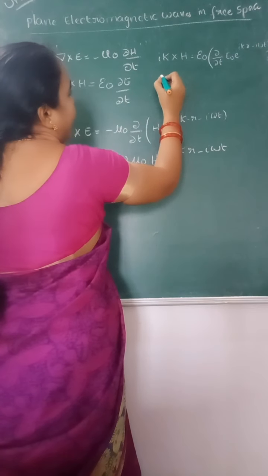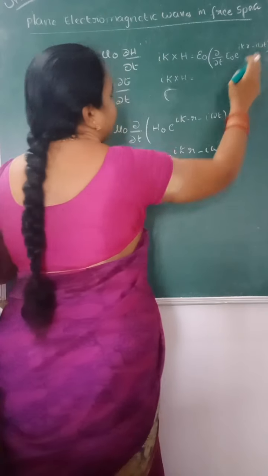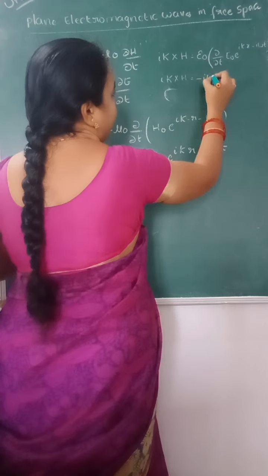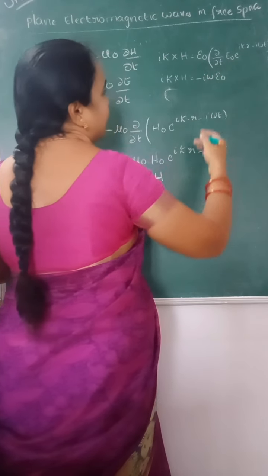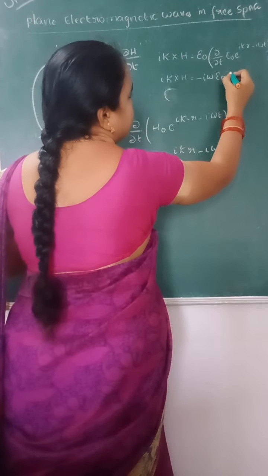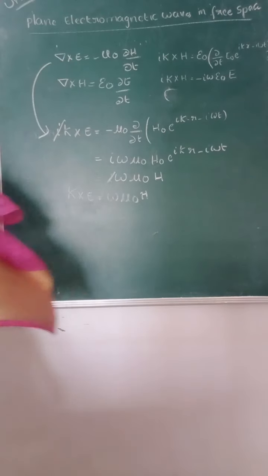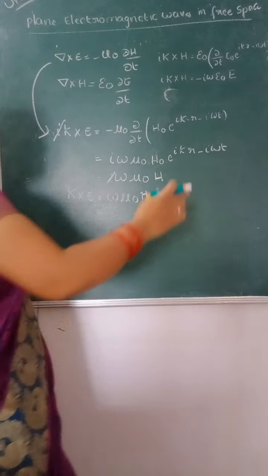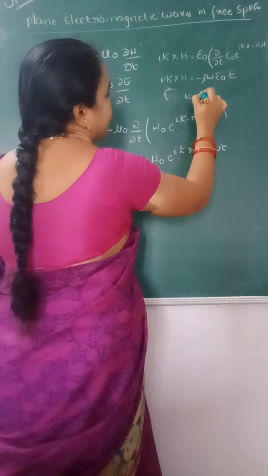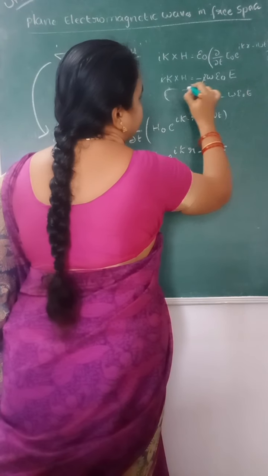From that, ik cross H is equal to minus i omega epsilon naught E, because dou by dou t of this total term is minus i omega into the same term. So i gets cancelled. K cross H is equal to minus omega epsilon naught E.